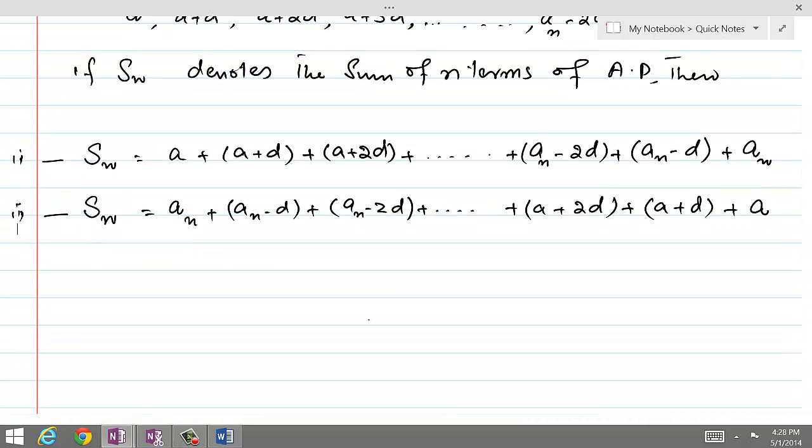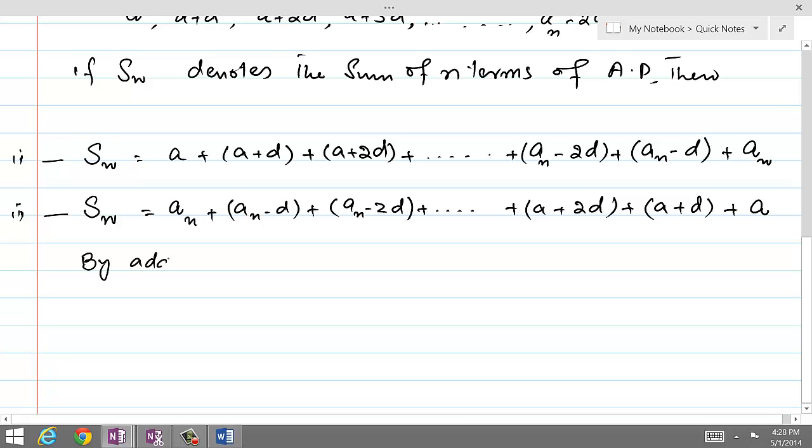Now by adding 1 and 2, we can see that plus d will get cancelled with minus d, plus 2d will get cancelled with minus 2d, minus 2d with plus 2d, and minus d and plus d will get cancelled.